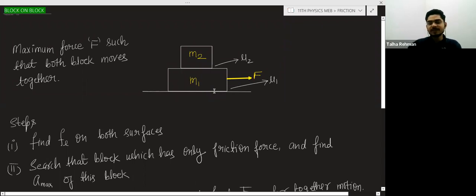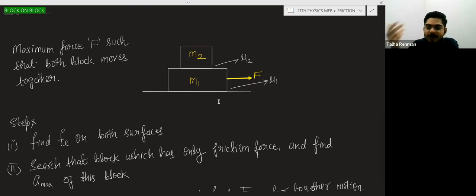So we want to find the maximum value of the force such that both the blocks move together, and if we apply a force more than that value, then there will be relative motion between the blocks m1 and m2. What is the meaning of relative motion? One block is moving with respect to the other.